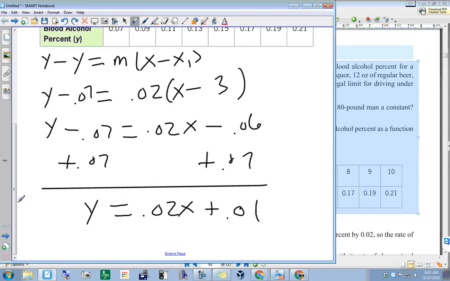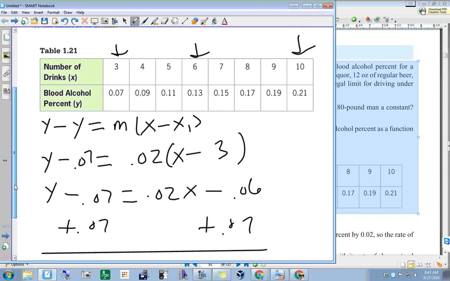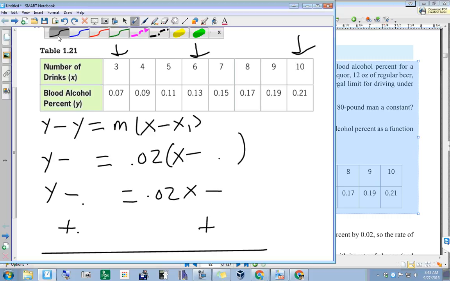Now, I said it shouldn't matter which one of these coordinates I choose, correct? So let's try this. What happens if I got rid of those, and now let's say I chose 6.